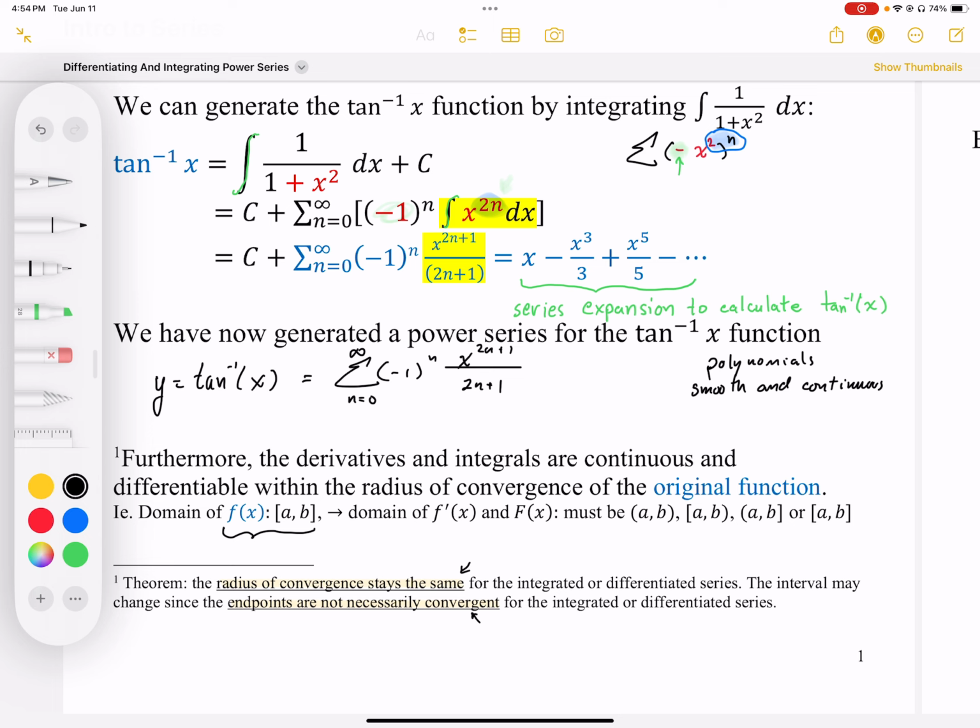If I had closed intervals in my original domain of a to b, they could be totally open, they could be half open, or they can remain closed intervals when we have our derivatives or integrals. The radius is guaranteed, the endpoints are not guaranteed.